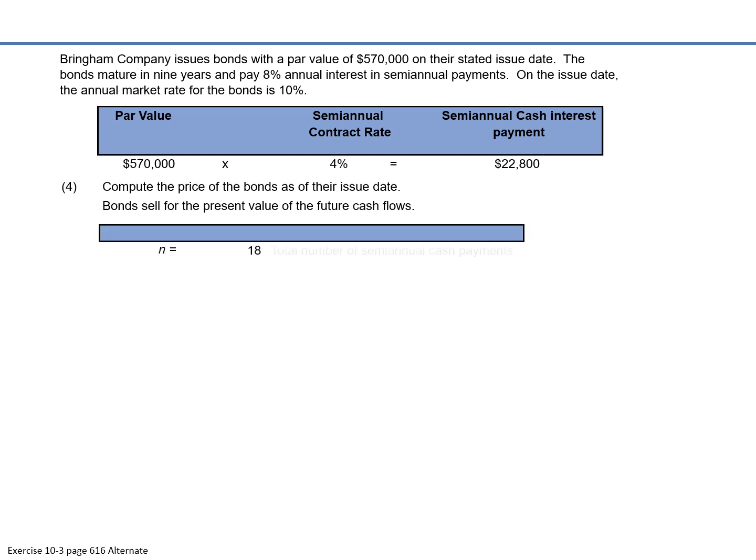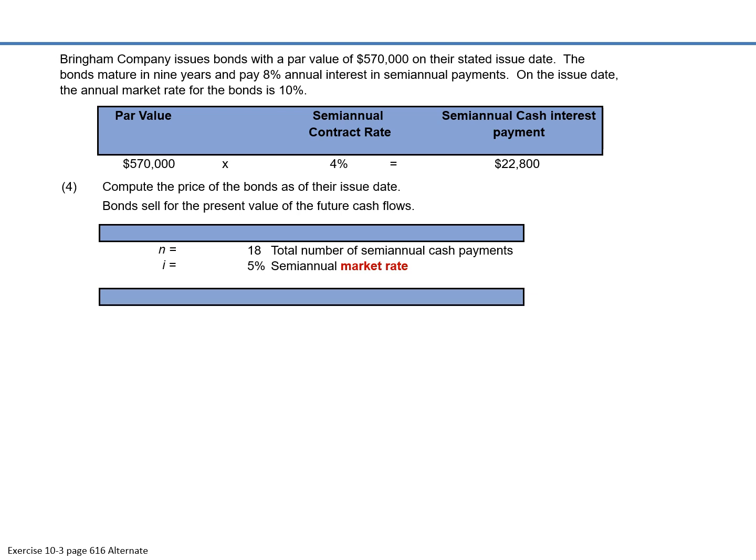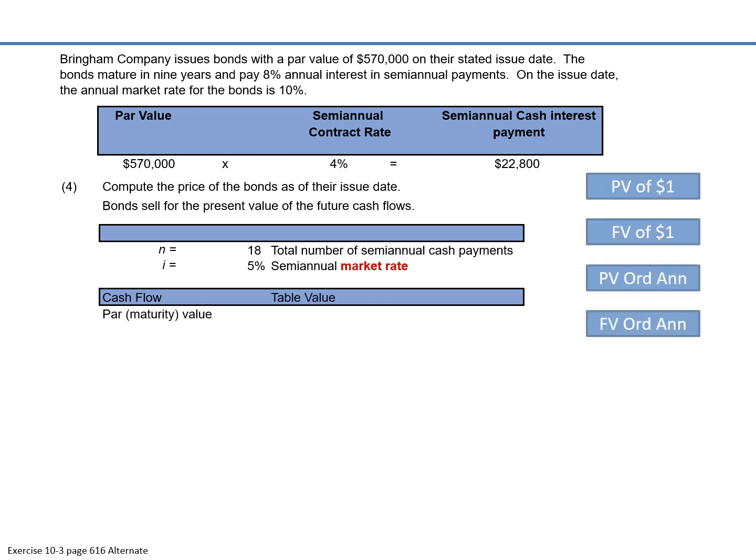So if we have 18 as n, and we have 5% as our semi-annual market rate, if we look those up in the present value of one table, we would find at the intersection of those coordinates that is 0.4155. Take that times our par value. The present value of that par value today is 236,835.